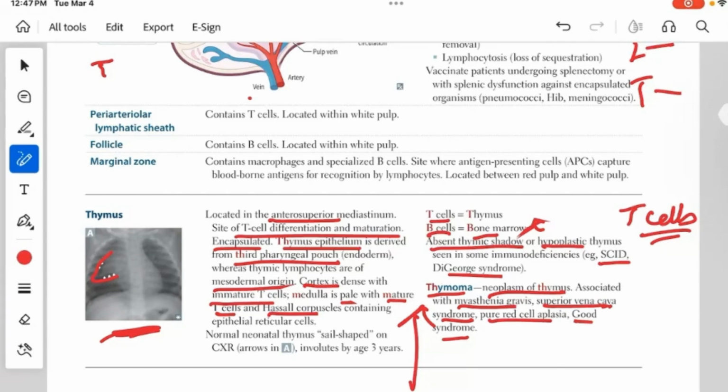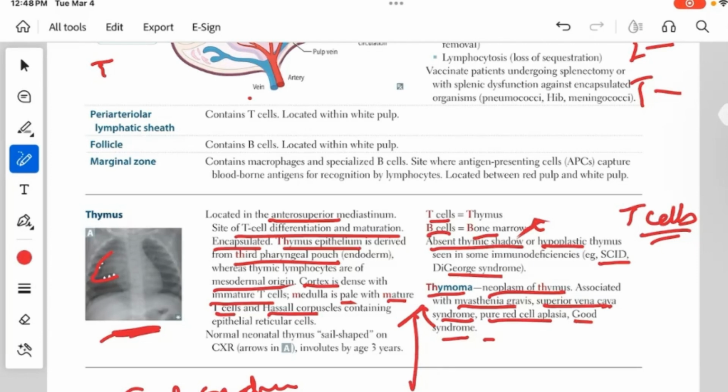And then Good syndrome. With each of these you have a thymoma, and in Good syndrome you have thymoma plus hypogammaglobulinemia, so low immunoglobulins. It's also autoimmune.